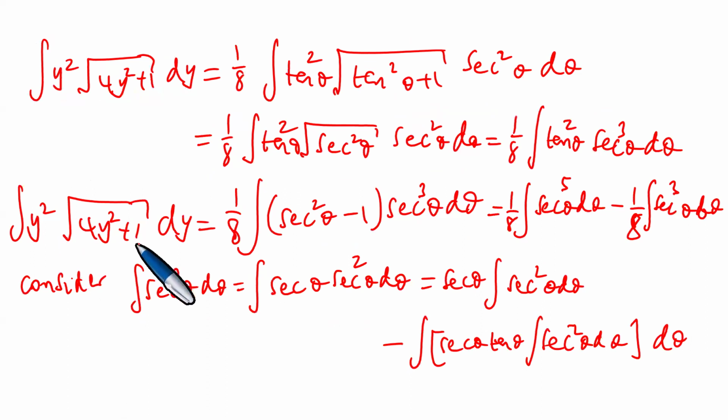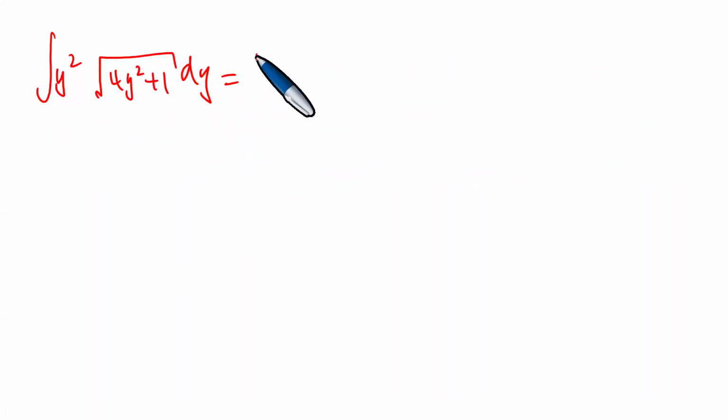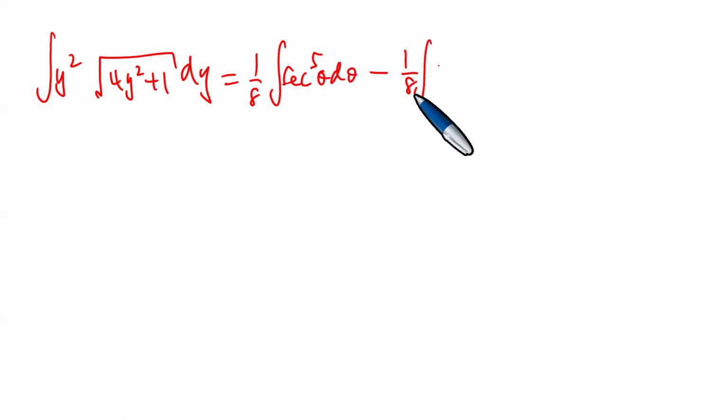Right, so this integral here, the integral of y squared like this, is actually 1/8 of the secant to the fifth power d theta minus 1/8 of the cube. So let's look at that. 1/8 of the integral of the secant to the fifth power d theta minus 1/8 of the integral of the secant cubed theta d theta.